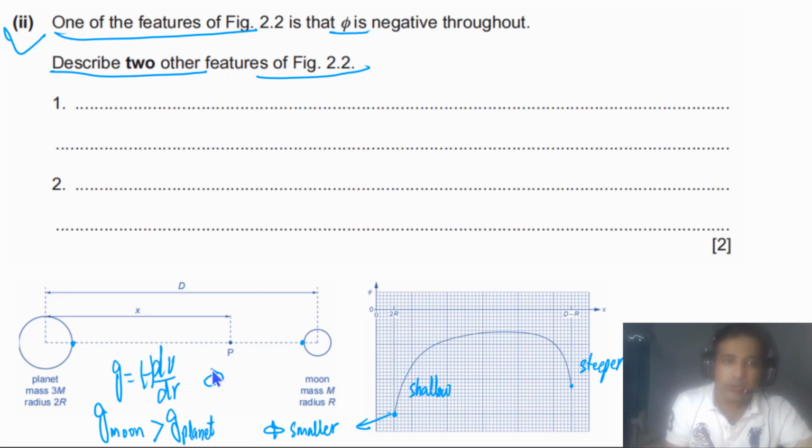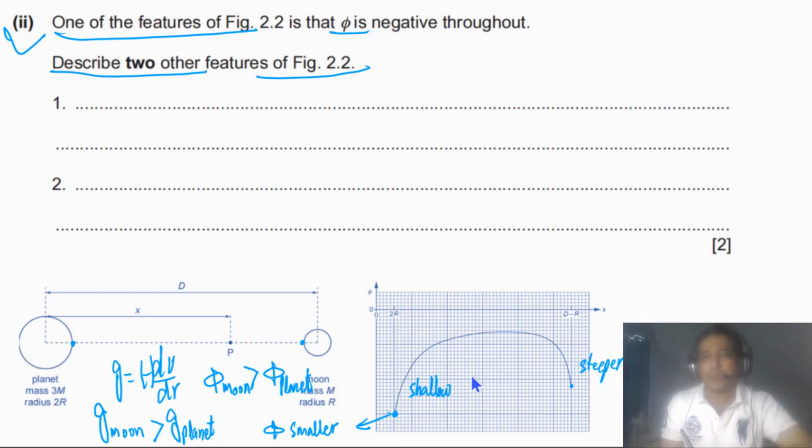And the potential at the surface of the moon, we are just talking about the surface. As this one is more negative, potential is a scalar quantity. Potential is scalar, G is a vector. So this negative is giving us the direction of G. As this is more negative, it means the phi at the surface of moon is greater than phi at the surface of planet, because potential at the surface of the planet is more negative, it means it is smaller.